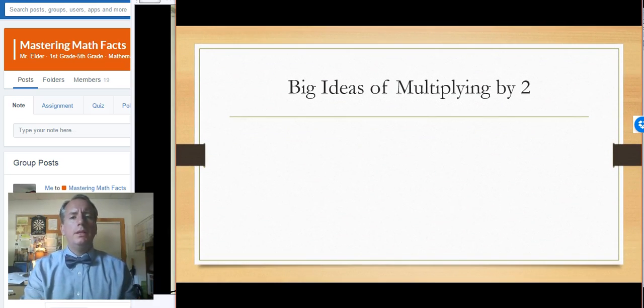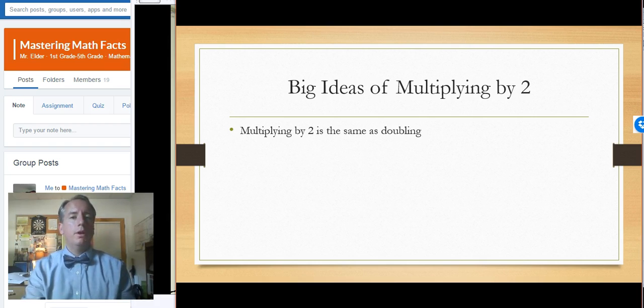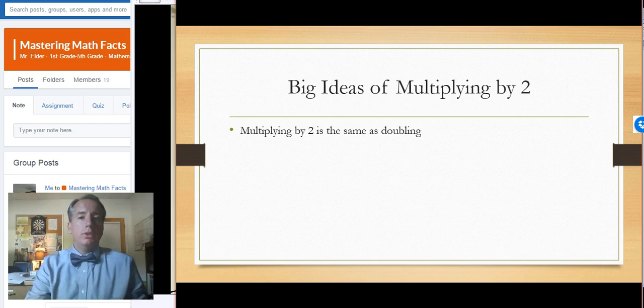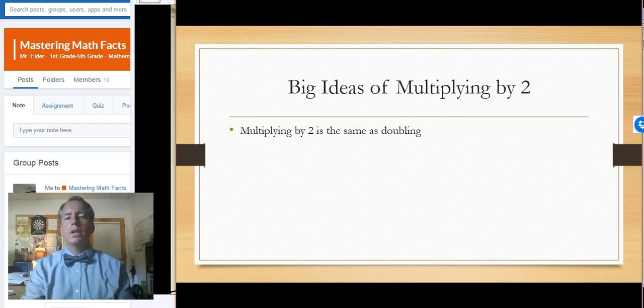So our big ideas of multiplying by 2 go something like this. We hit on this one already, right? Multiplying by 2 is not a trick. There's not just these nice convenient numbers, they're pretty, all those things. Those things may be true, but they're not tricks, right? Multiplying by 2 truly is doubling something.